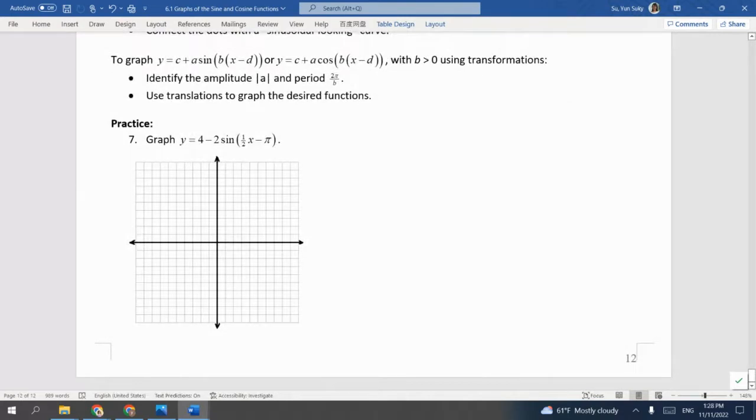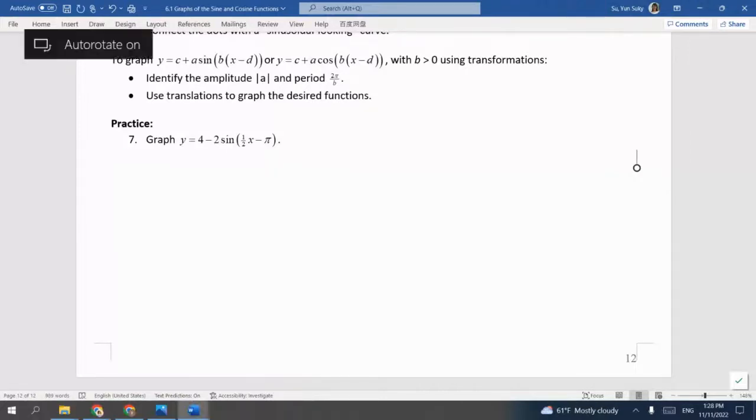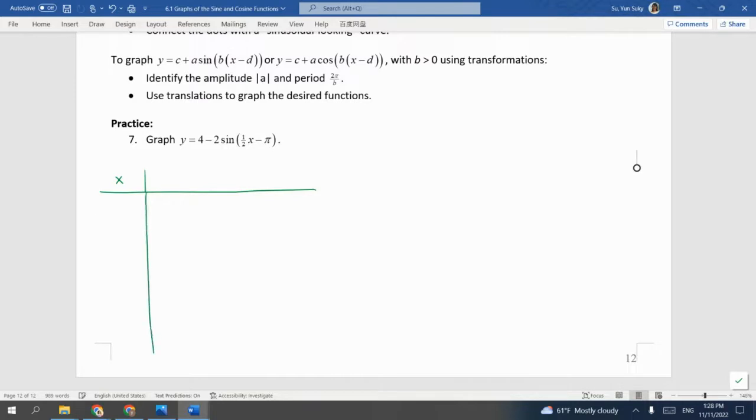Let me delete that, because in the exam you won't have any grid. So what do you do when you see a problem like this? Draw the table. Your first column is x. And then your second column is what? Theta.